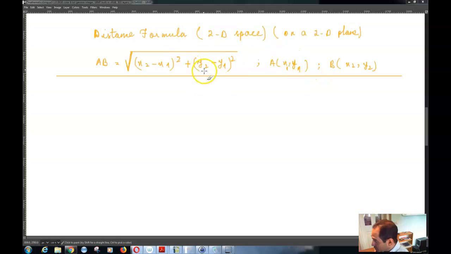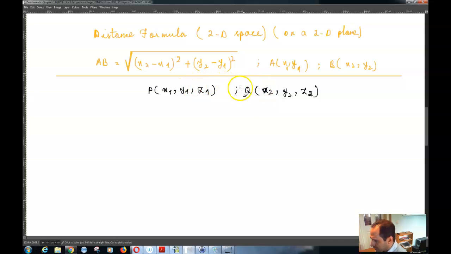So now this is in 2D space. Now in 3D space, the formula is of course going to be a little bit different, because you have 2 points, for example P (x1, y1, z1), and you have another point, for example Q, and the coordinates of that point would be (x2, y2, z2).